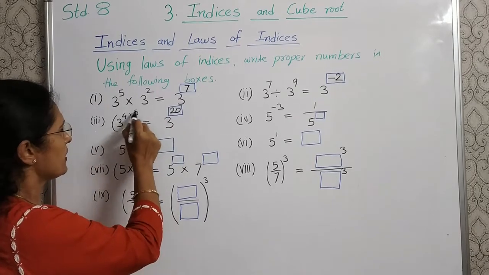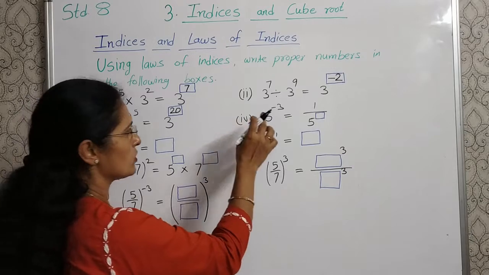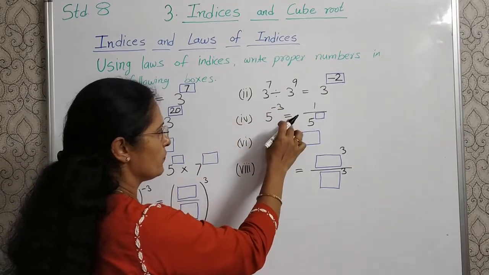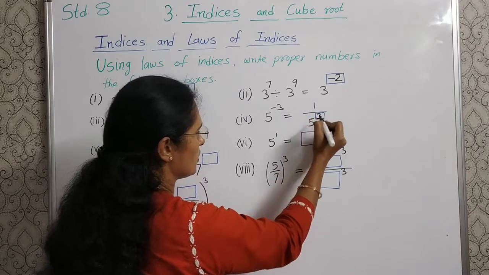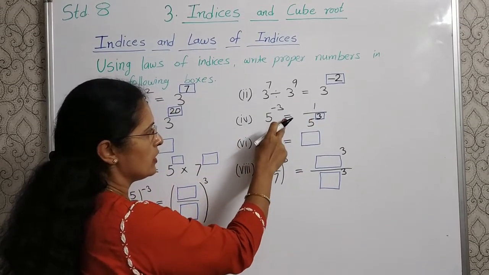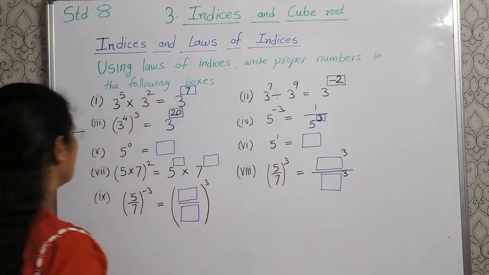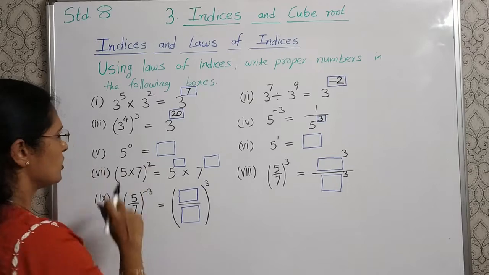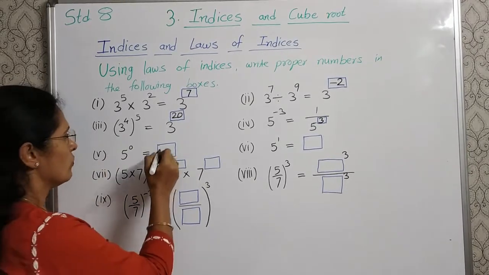So here we multiplied this 4 and 5. Fourth, 5 raised to minus 3, this will be equal to 1 by 5 raised to 3. The law used is a raised to minus m is equal to 1 by a raised to m. Next, 5 raised to 0, that is a raised to 0 is equal to 1.